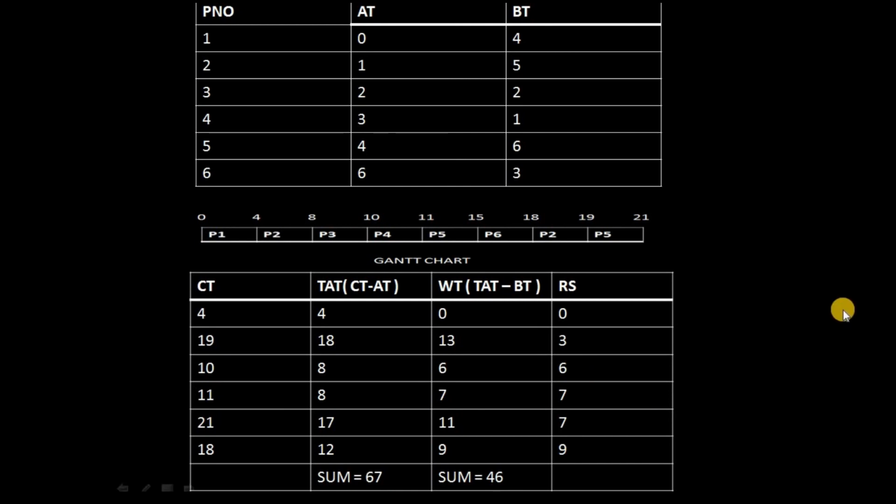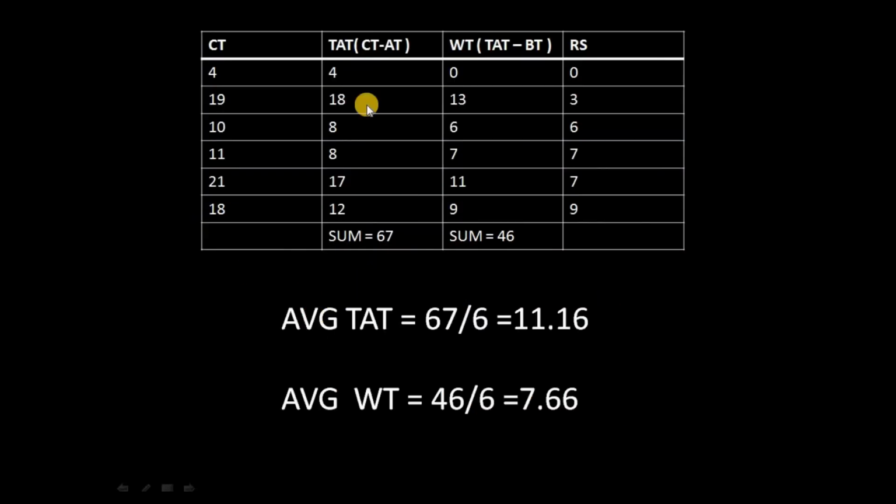So look at this here, the total turnaround time summation is 67, and the waiting time summation is 46. So we have 6 processes. So for average turnaround time, 67 by 6 equals 11.16, and for the average waiting time, 46 by 6 equals 7.66. So that's all.